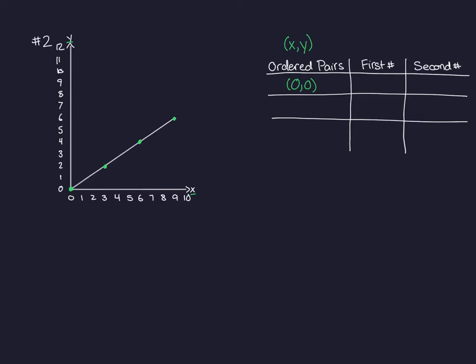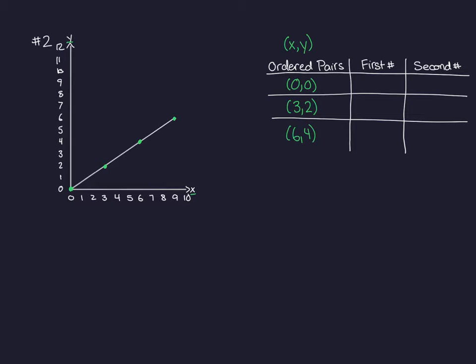And then our second one would be 3 and 2, so I would write 3, comma, 2. If you put it in the opposite order, it would not work because x2, y3 is actually up here. So your x always comes first. Then we have 6 and 4. So 6, comma, 4. Once you have 3 points, you're all done.